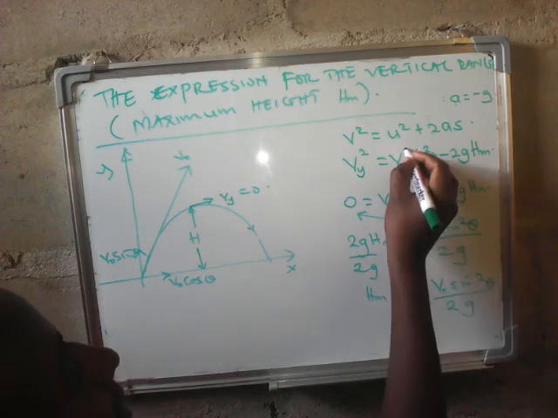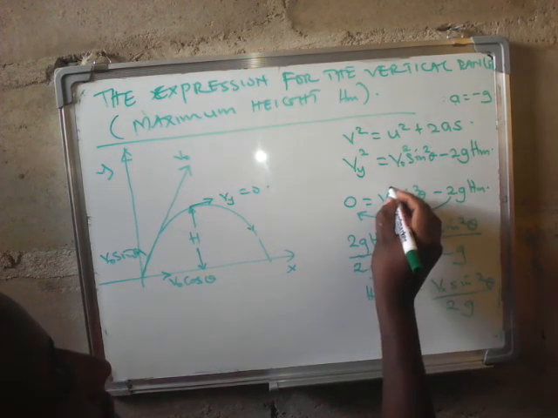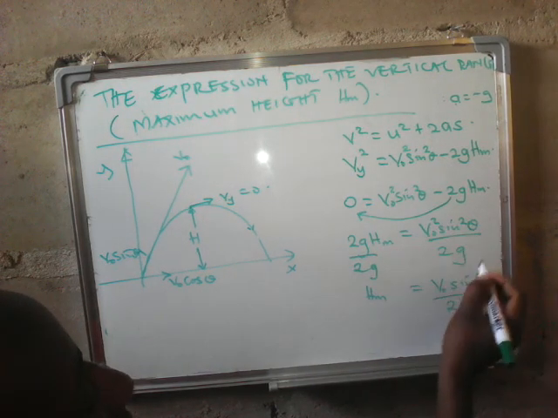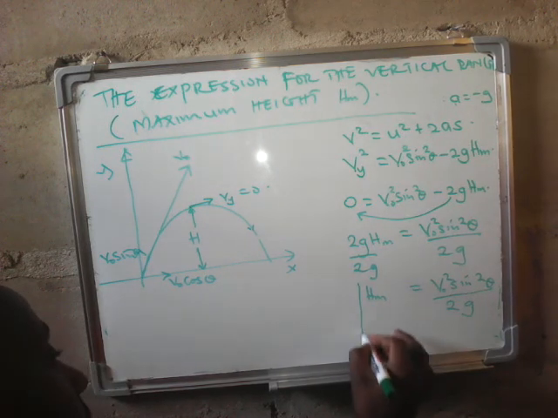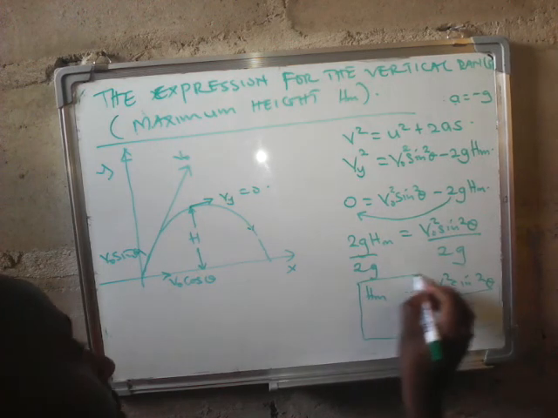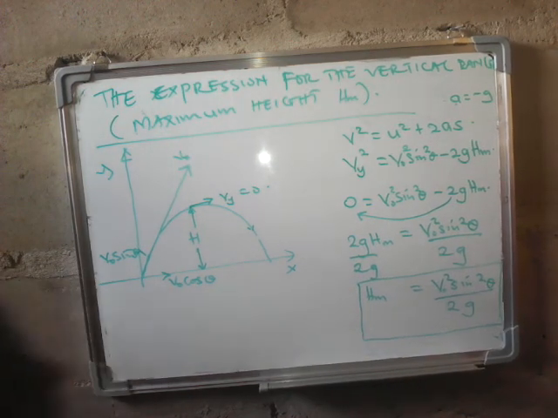That is what we call the maximum height, the distance moved to reach the maximum height, and it is the same as the vertical range.